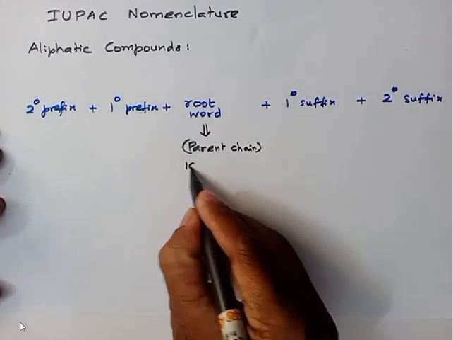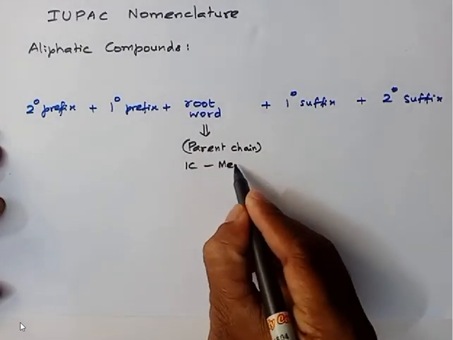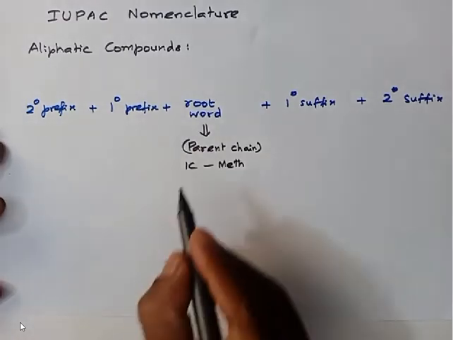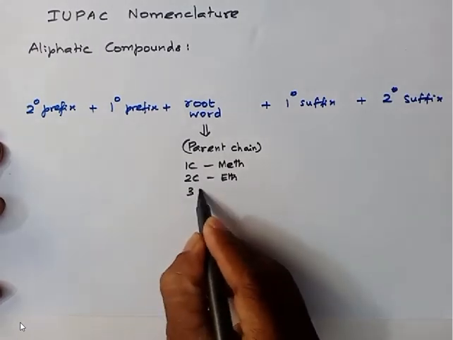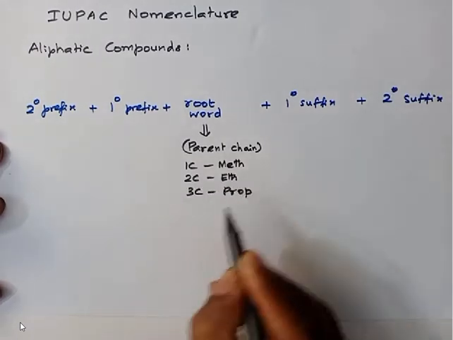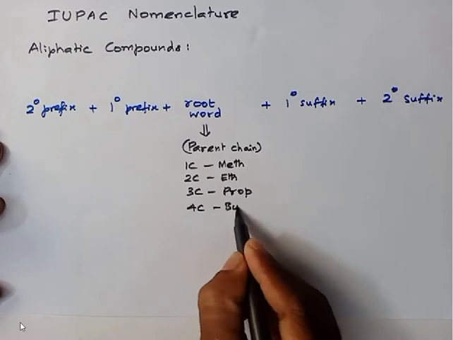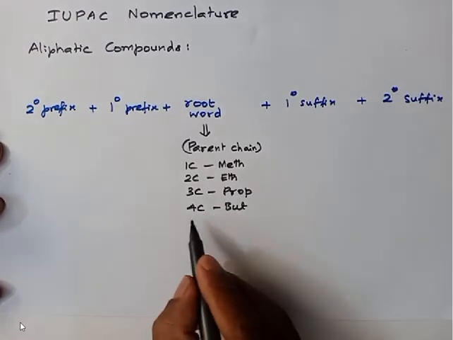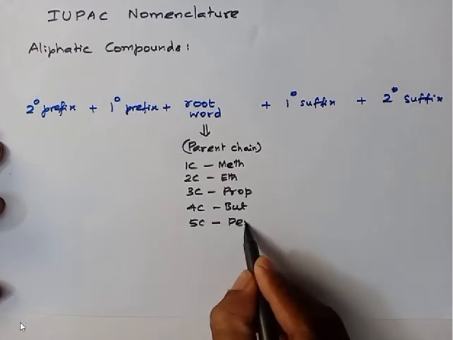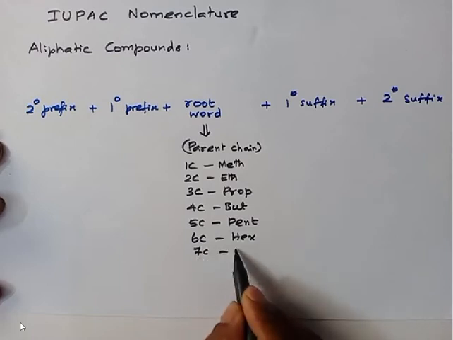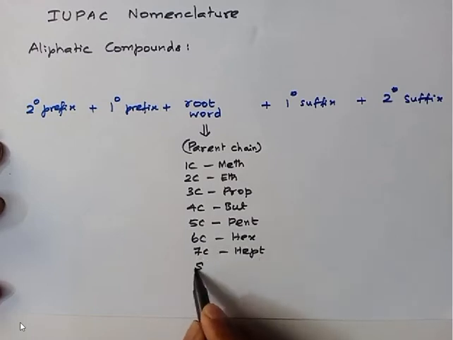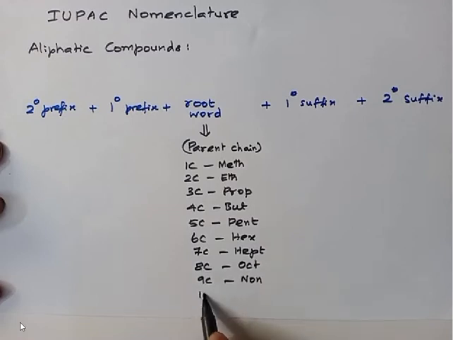Suppose we have 1 carbon in the parent chain, we use the root word meth. If the compound contains 2 carbon, we use eth. 3 carbon means prop. 4 carbon, but. 5 carbon, pent. 6 carbon, hex. 7 carbon, hept. 8 carbon, oct. 9 carbon, non. 10 carbon, dec.